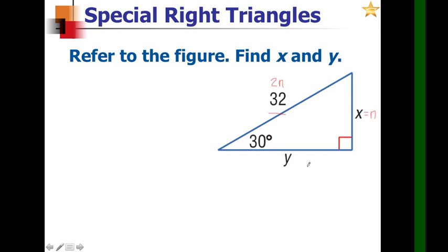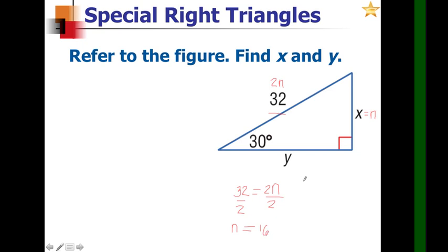So let's write. So we have 32 equals 2n. Okay? Then divide both sides by 2. So therefore, n is equal to 16. Correct.